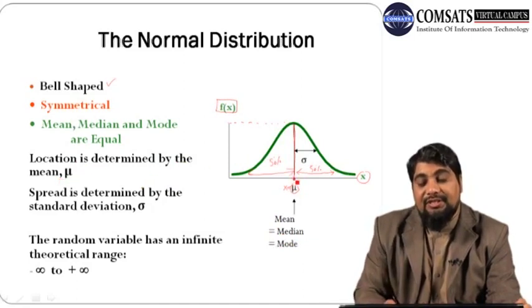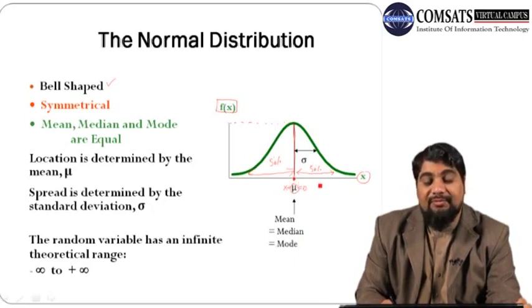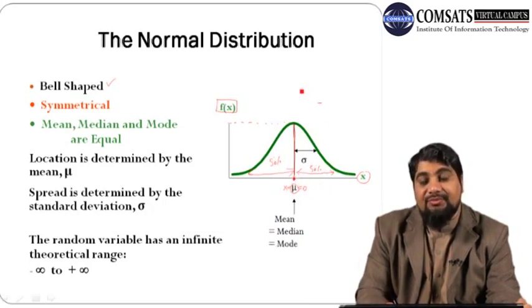Say currently it is at 0. If we shift this mean from 0 to any other value, say 1, then the full distribution will be shifted accordingly. So suppose this is the original shape.